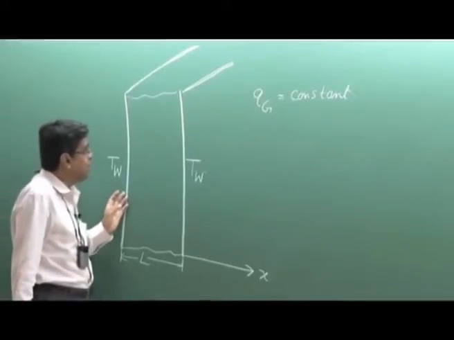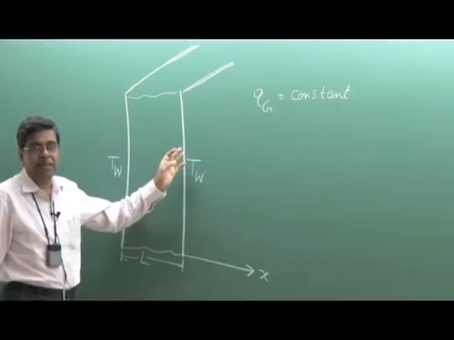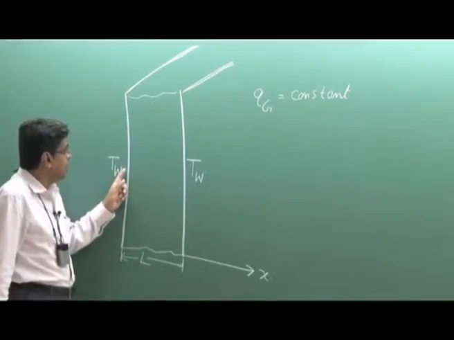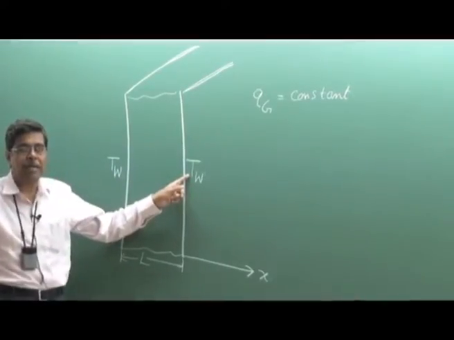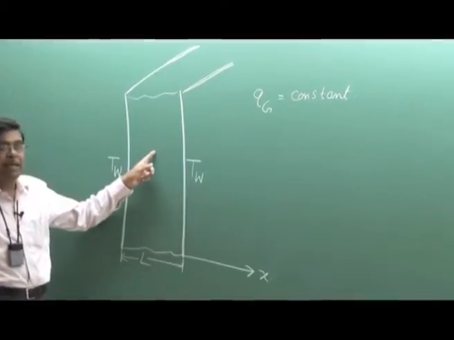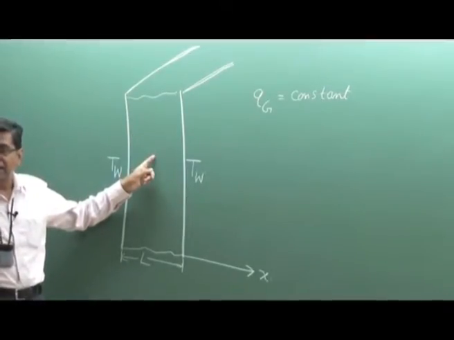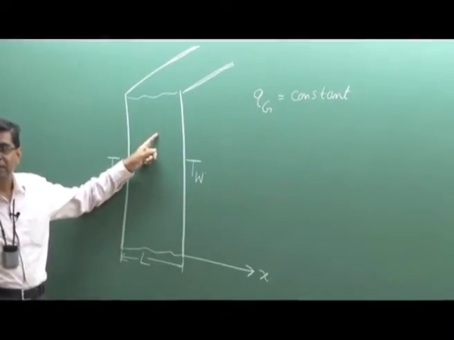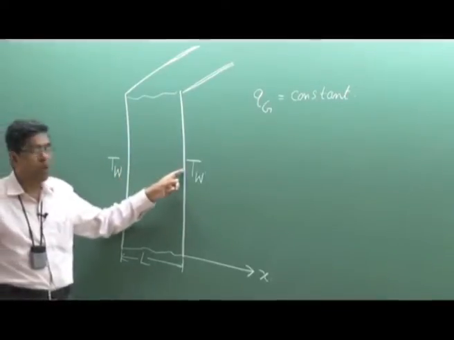Now, we are interested in finding the temperature distribution and the heat flux. Here you see both sides are at the same temperature Tw. So how will the heat transfer take place? Physically, because of the thermal energy generation within the solid, the temperature will go high, so the heat will flow to both surfaces.